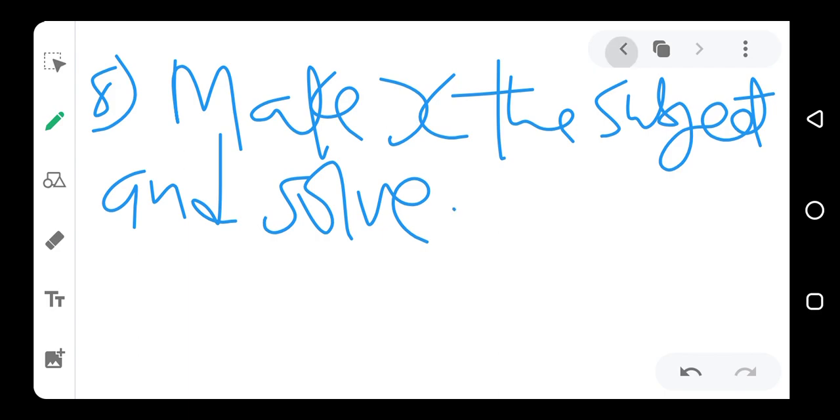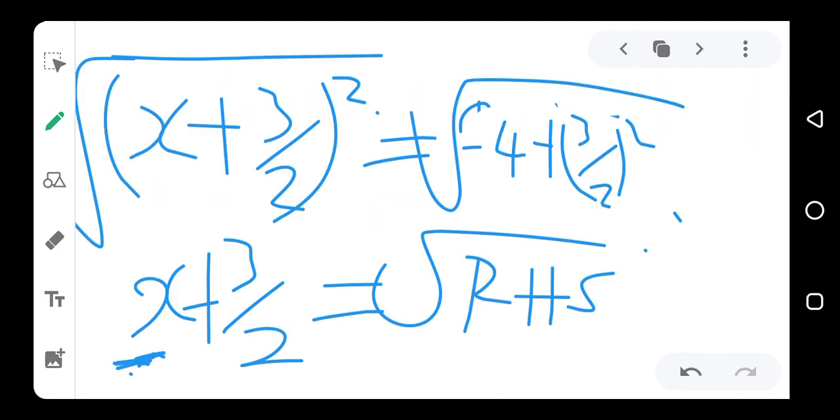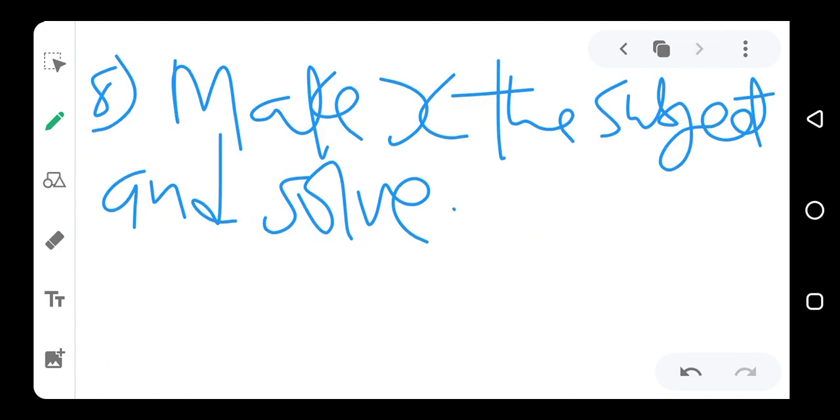That is to make sure that only x is standing on this side, and then we solve. That means that anything that is attached to x, we move it to the other side of the equation, and then we complete the solving of the equation. That is the final step.